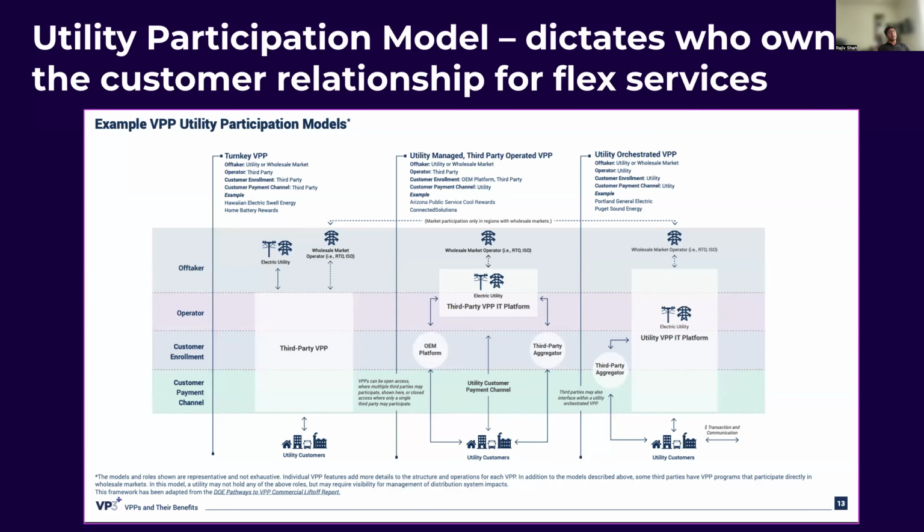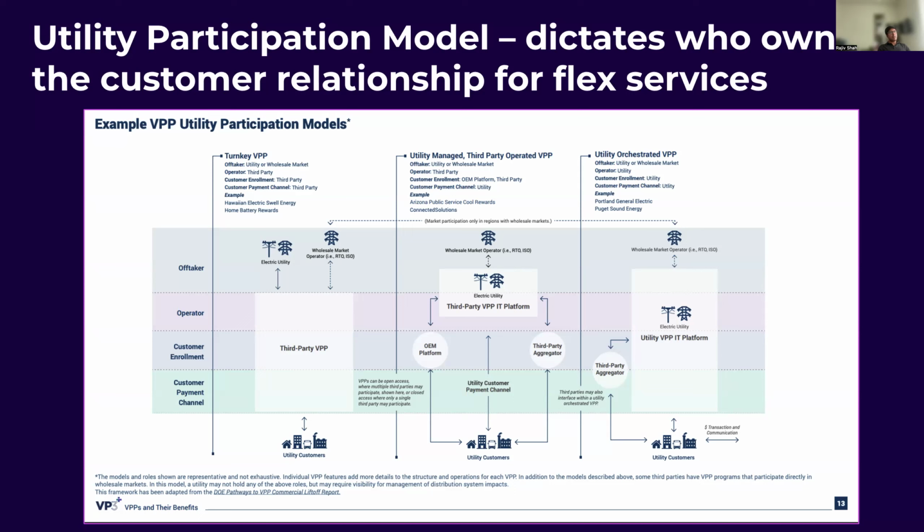Last thing I want to note here is that a lot of the discussions that I'm hearing around the country are focused on, what is the right construct for VPPs? Something like who's on first for delivering these capabilities? I almost think we're putting the cart before the horse in trying to answer that question.